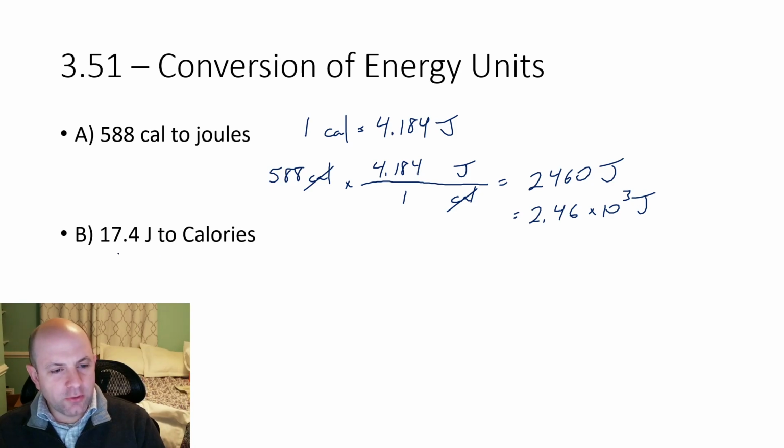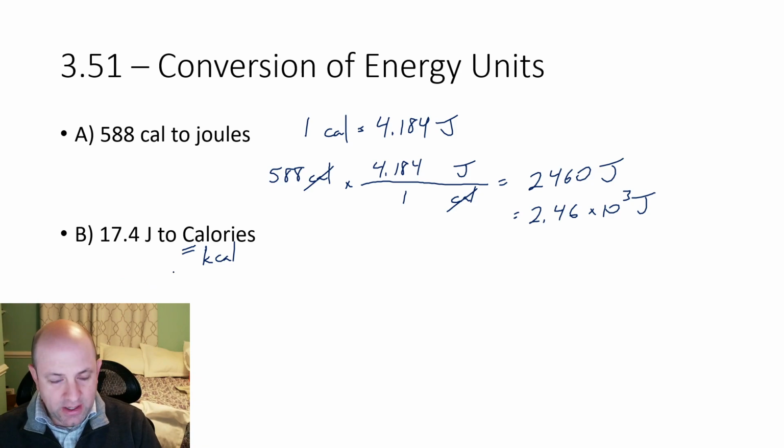In part B, we want to go from 17.4 joules, this time to calories, but if we note, it's the big C calories. So this is the annoying thing with calories in the US. When it's calories with a capital C, that is the same as kilocalories. So we got to make sure we're watching out for that.